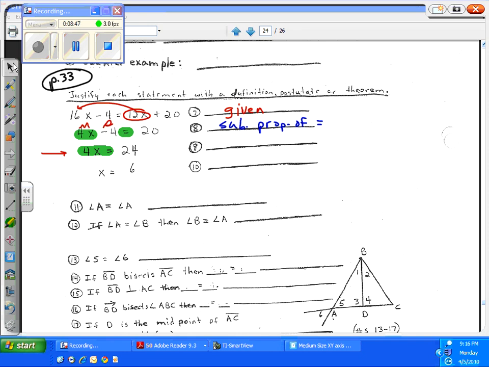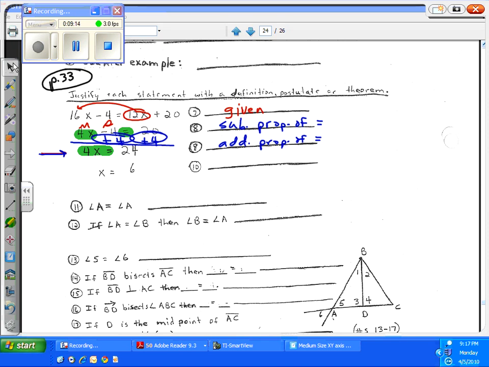Now it's time to undo. I've got multiplication and subtraction. I would undo subtraction by addition. So I would add 4 to both sides. So this is a result of having added 4 to both sides. That is the addition property of equality.